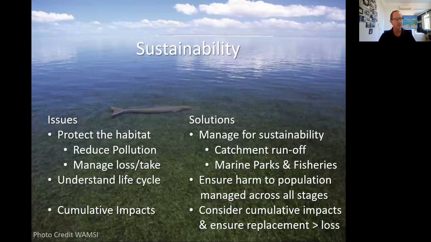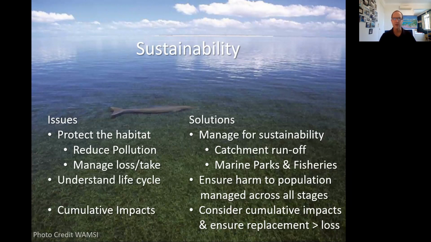On the right-hand side of the slide, you've got some of the solutions that we put in place with our different management organizations. If you want to manage for sustainability, often referred to as ecosystem management, you have to look at your catchment runoff: how much pollution are you putting into the waterways, and what impact is that having?